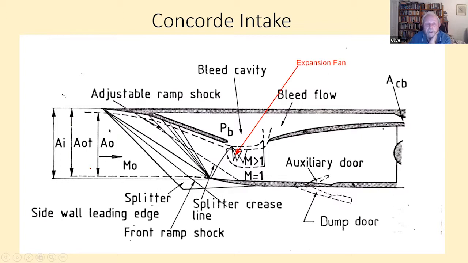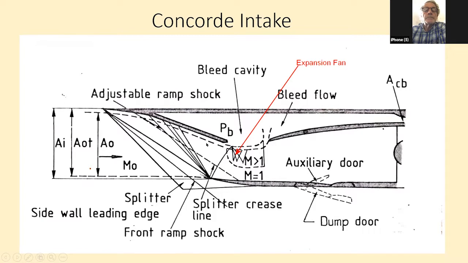The Concorde intake starts off with a simple ramp, a 7-degree ramp, and then it's followed by a movable ramp, which is shown linear in this case, but in fact starts off with a 7-degree isentropic compression there, and then a straight bit. That is linked with another ramp back here, so these two move as a pair.